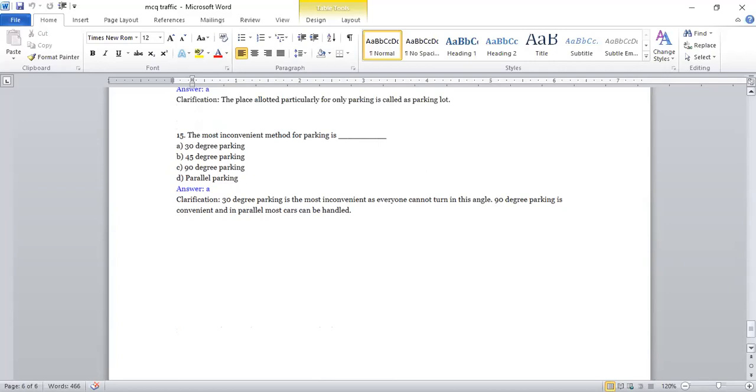In this way, the MCQs which are based on traffic engineering and control are completed over here. Whatever the most important points which will be required for your ATT are completed over here. If you have any doubt, you can ask me.